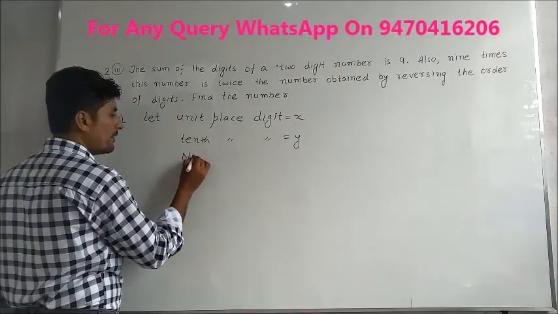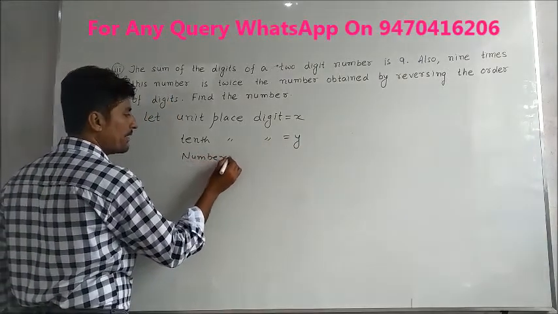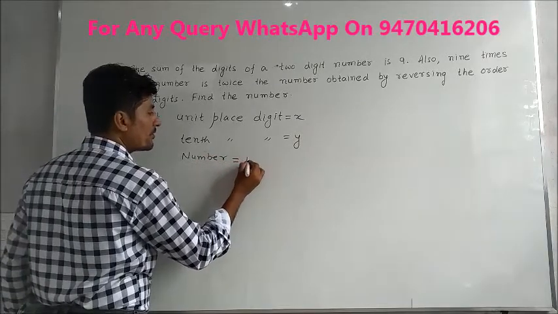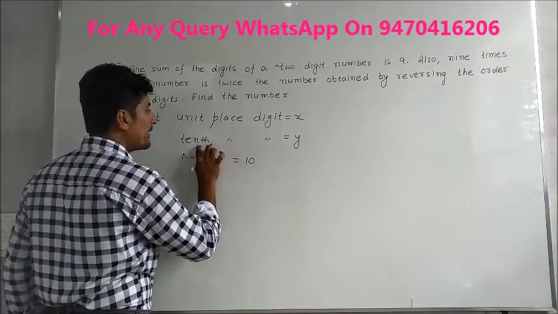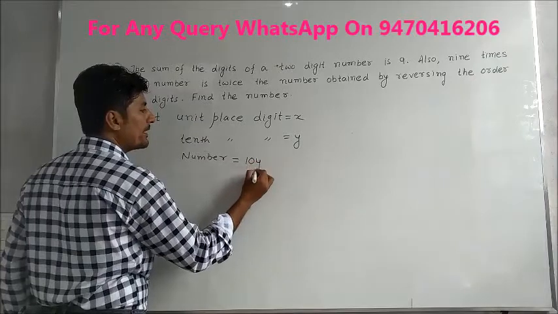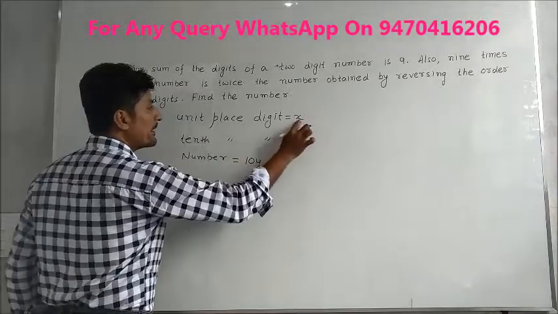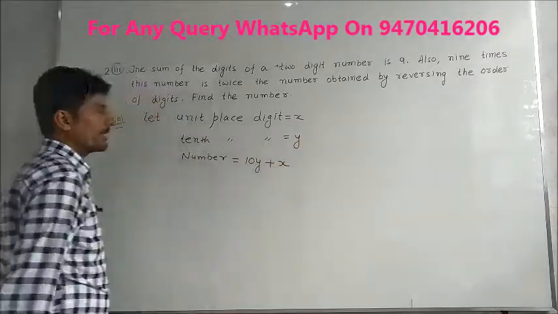So what is the number? As I said right now, the number will be equal to 10 multiplied by the 10th place digit, that is y, plus the unit place digit, that is x.